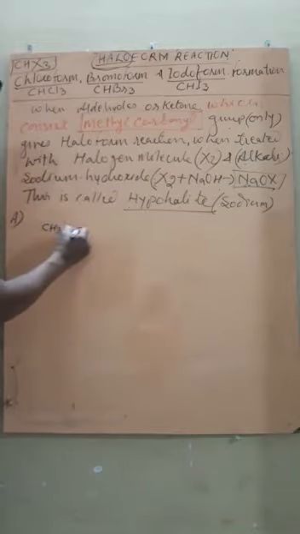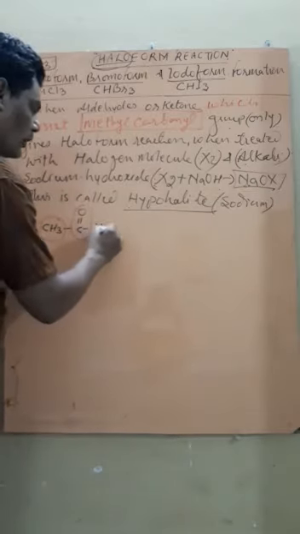Like here, if I start writing CH3, C double bond O, and this is H. That means the carbonyl group is attached to CH3. This is called methyl carbonyl.